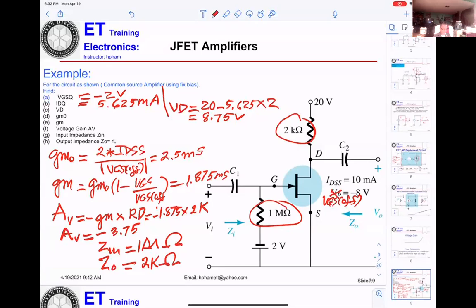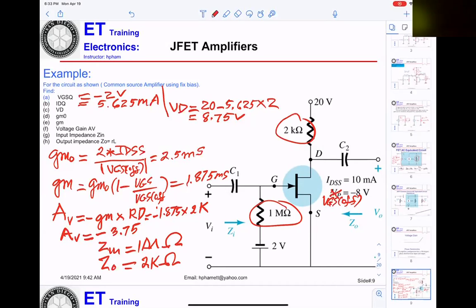Sometimes the load is never included in the output impedance calculation, because if the load is included, then what is the actual load? You're going to deliver power or voltage to something. It's kind of a choice whether you include the load resistor as part of the output impedance.